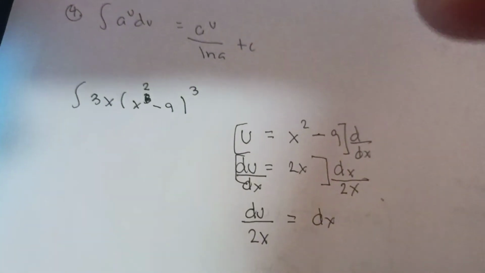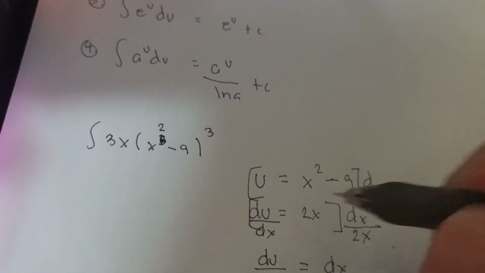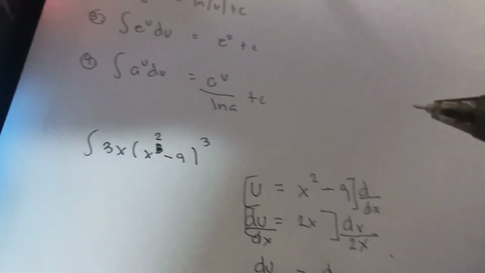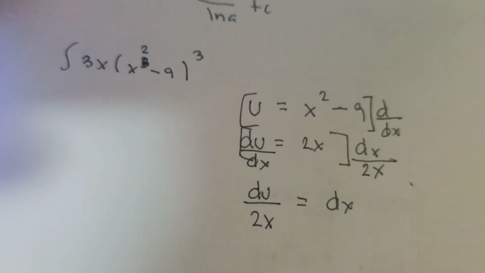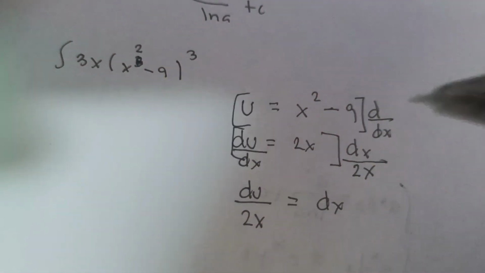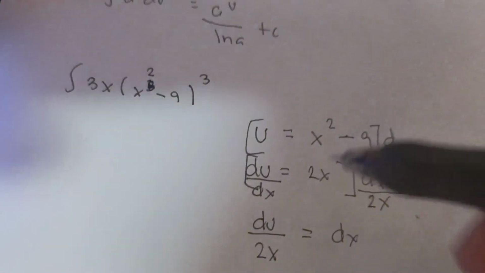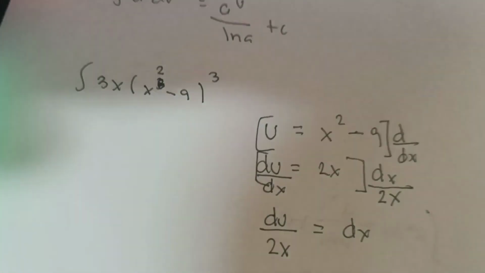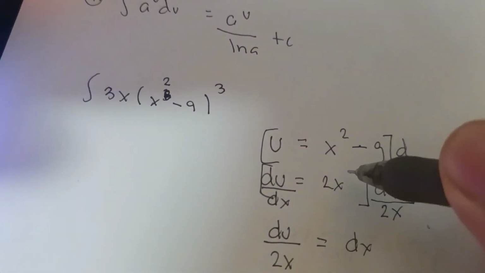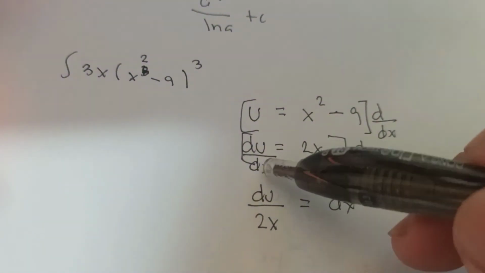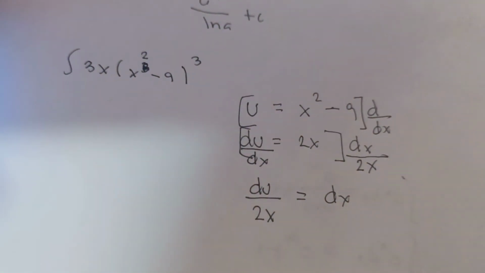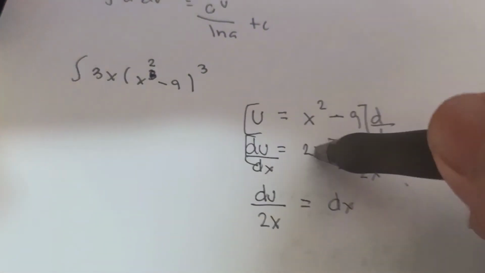And the third thing, what we need here now is our dx, so that's why we have to bring this as our numerator, and we need to cancel the 2x here.